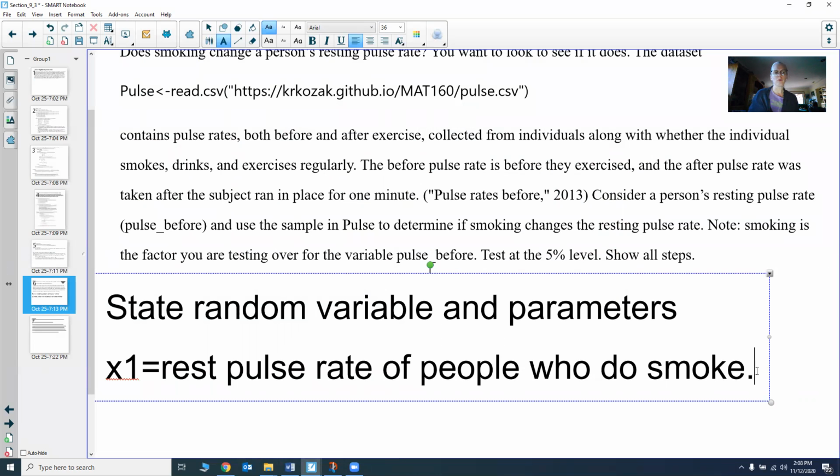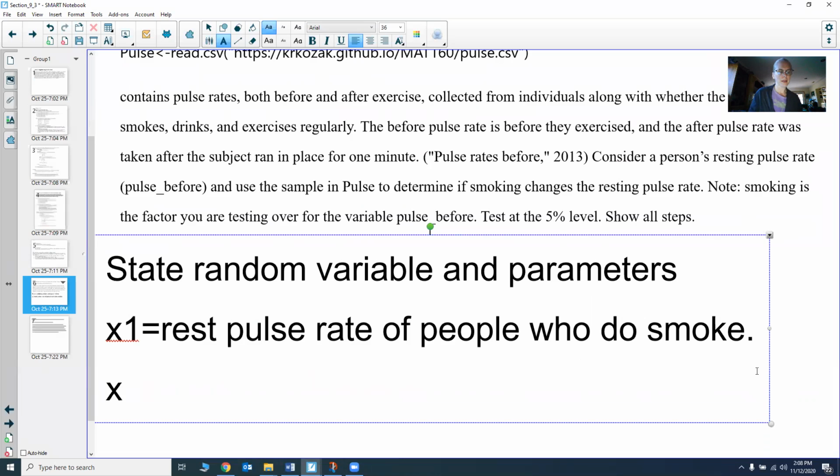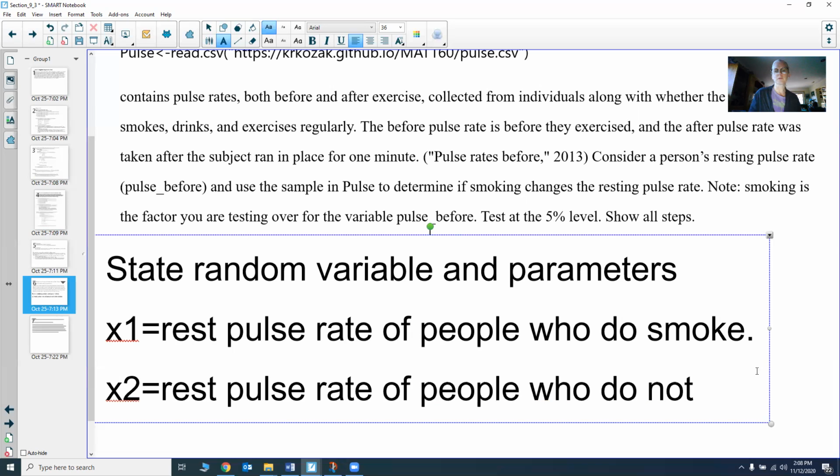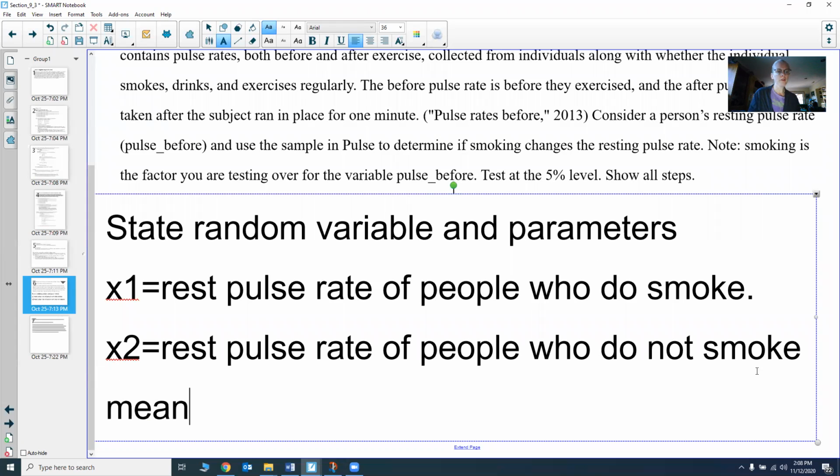You can call it anything you want in normal places, but just for our sake, it's a little bit easier this way. So X2 is the resting pulse rate of people who do not smoke. And I'll show you in a little bit why that was important.